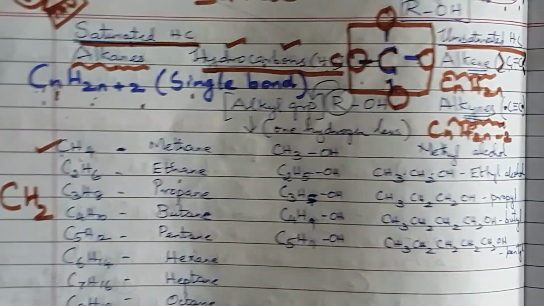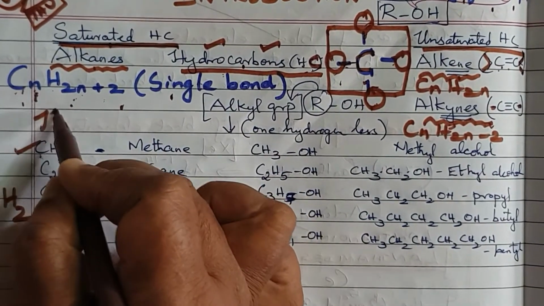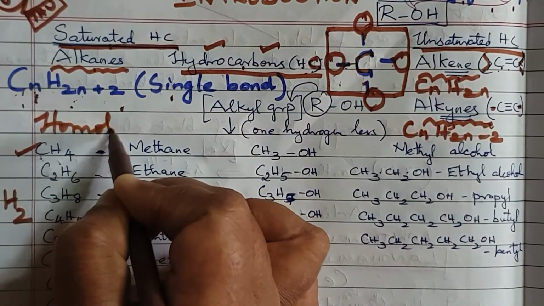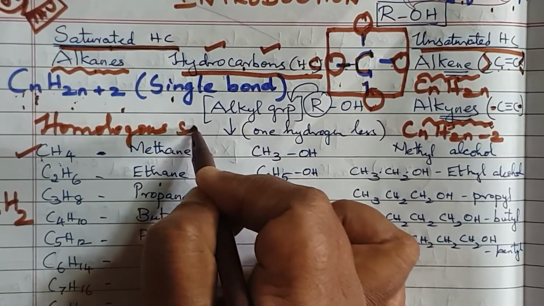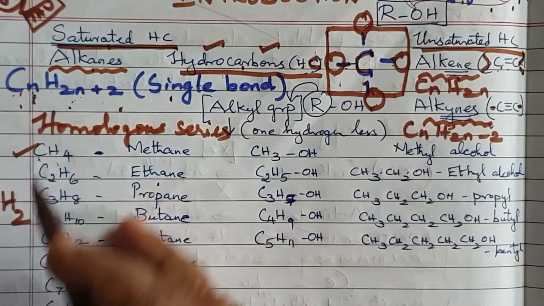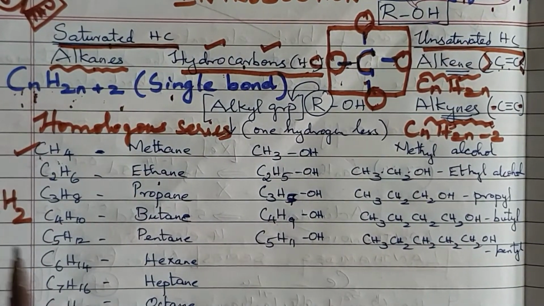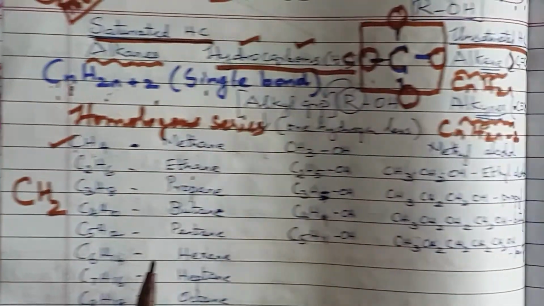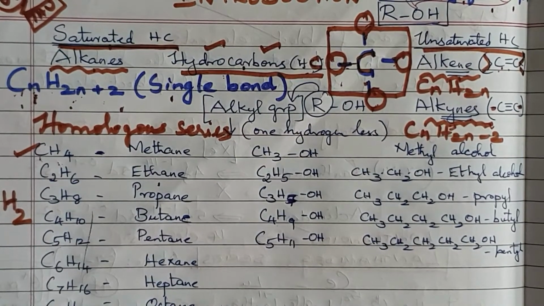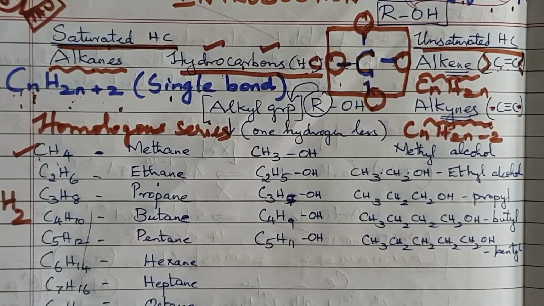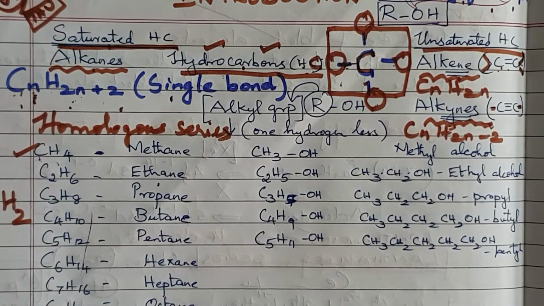These are called a homologous series, or homologs, differentiated by a CH2 group. All the compounds in a homologous series have similar physical and chemical properties and similar methods of preparation.